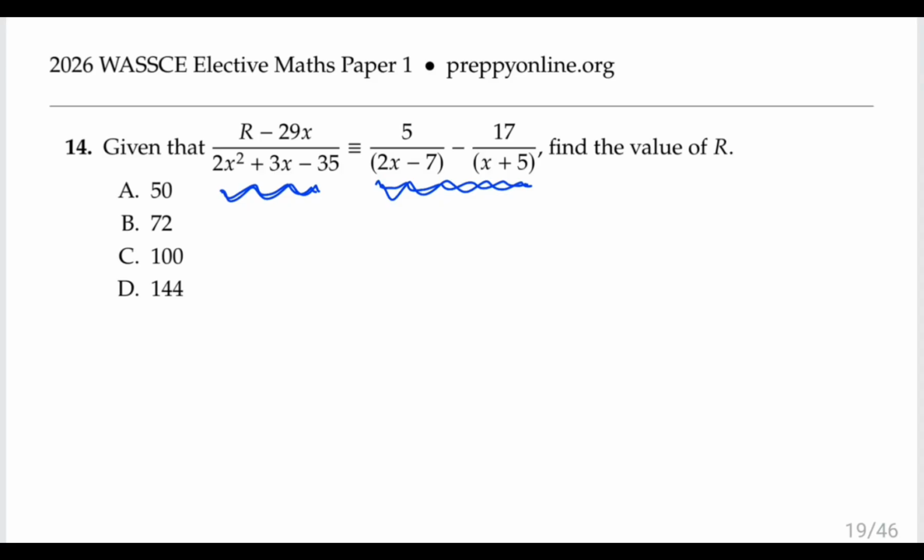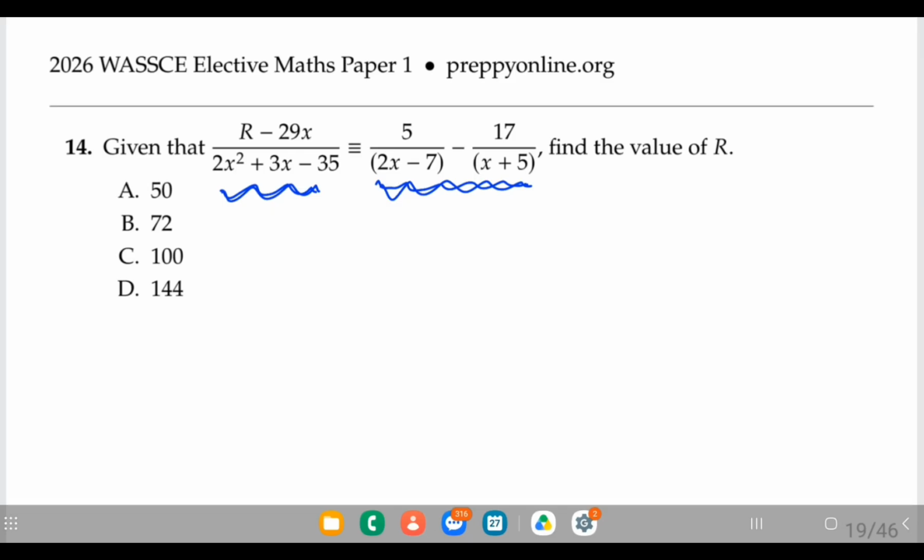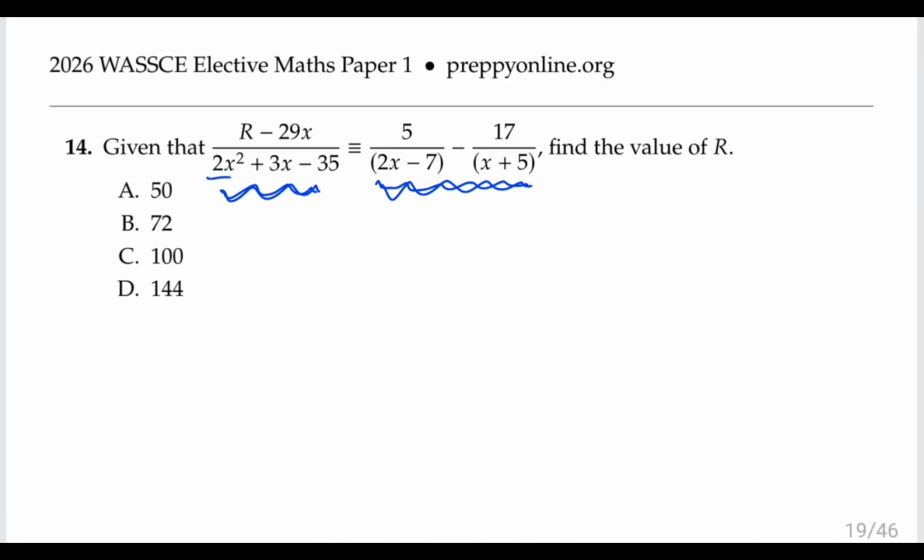What this means is that we can choose values of x that make our simplification easier. And to start with, one thing we can do is multiply both sides by this denominator.